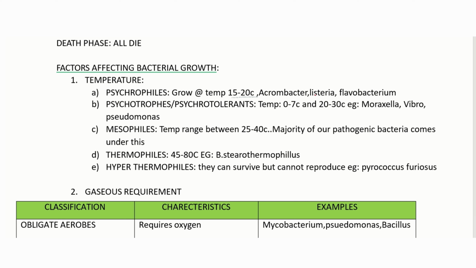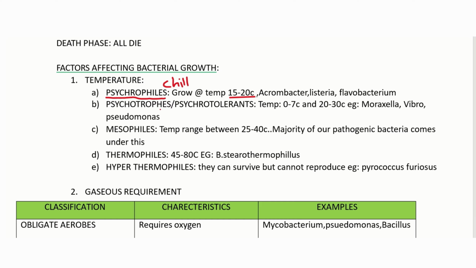And the examples are Achromobacter, Listeria, and Flavobacterium. You have to remember this. Psychrophiles mean they are usually chill lovers. Okay. And their temperature is 15 to 20 degrees Celsius.